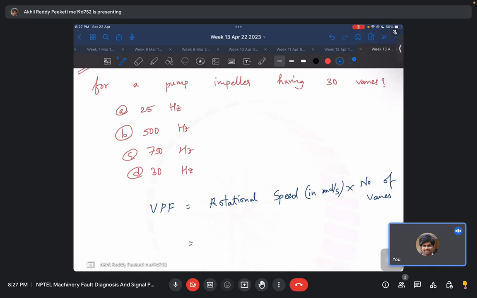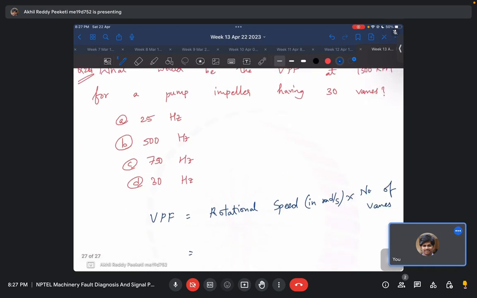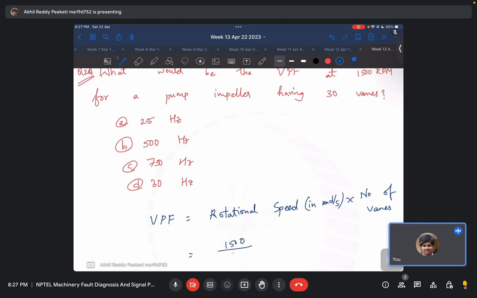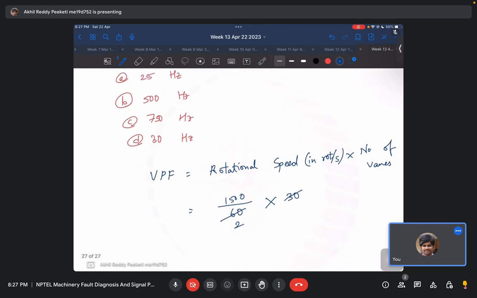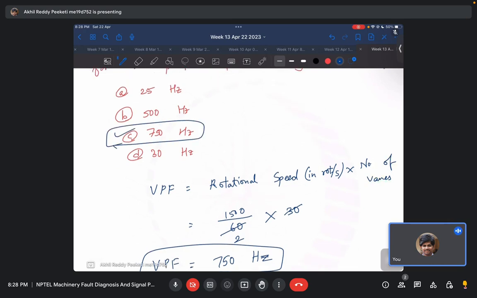So first we need to convert rotational speed in rpm to this. So 1500 by 60 rotations per second, sorry, into the number of vanes, which is 30. So this would give us 750 hertz. Okay, so that is the answer for the vane pass frequency.